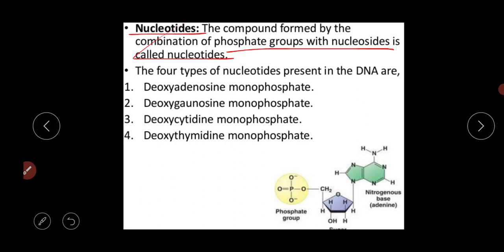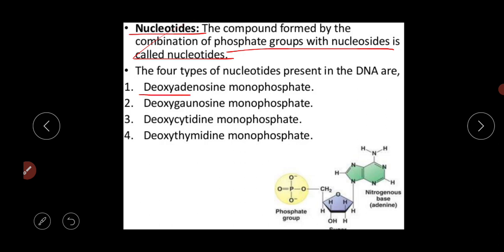That's why it is a long polymer of deoxyribonucleotides. The compound formed by the combination of phosphate groups with nucleosides is called the nucleotide. There are 4 types of nucleotides present.